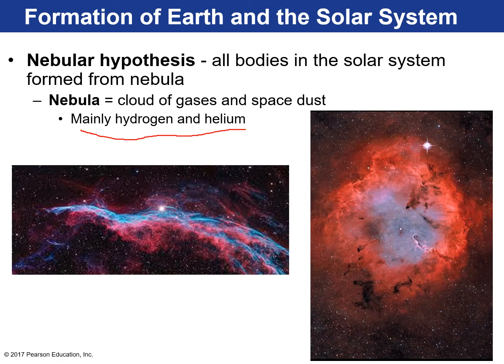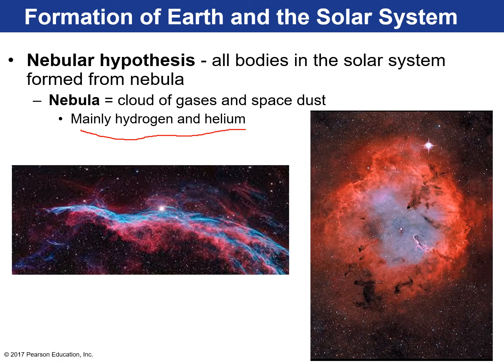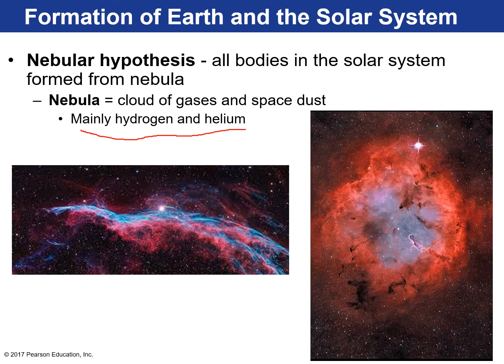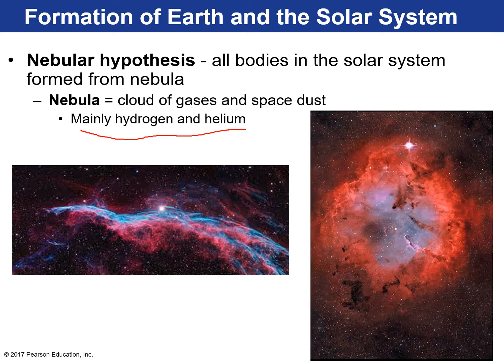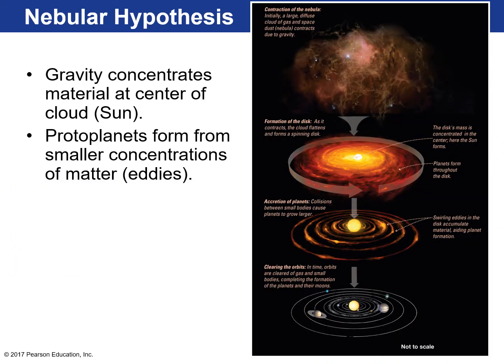Okay, but as everything in this gaseous nebula has mass, it exerts a force of gravity, and things start contracting toward one another. At the center of the nebula, the proto-sun begins to form.